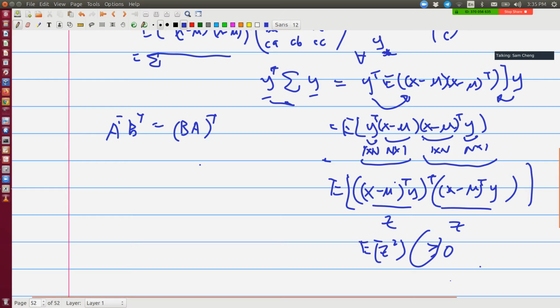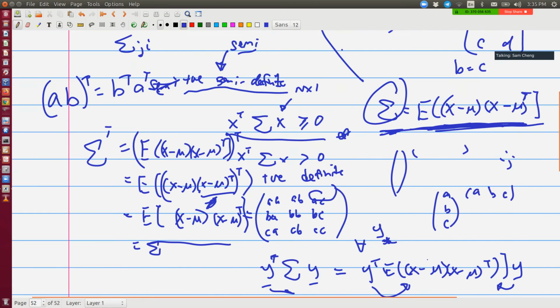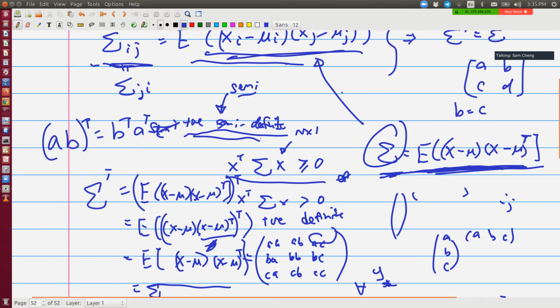But why can it be positive definite? What do you mean, can be bigger than 0? Because maybe z should be bigger than 0. You mean it can be equal to 0? Yes, that's what I'm saying. Here, we are just claiming that this is semi-definite.